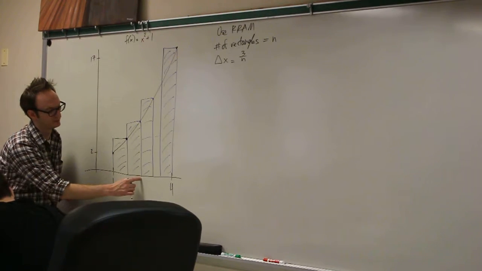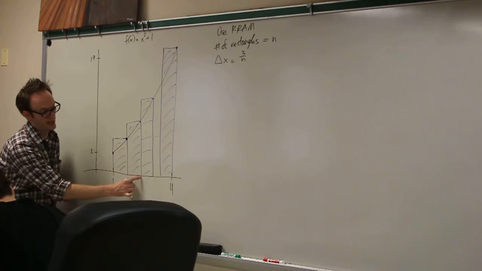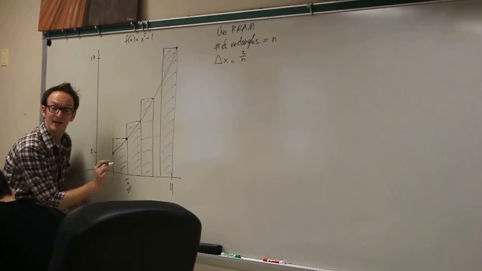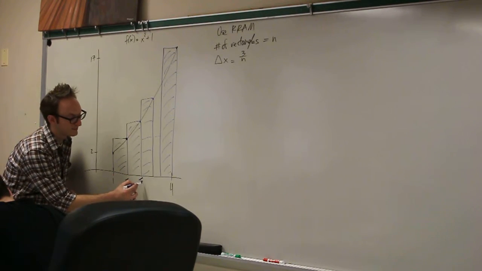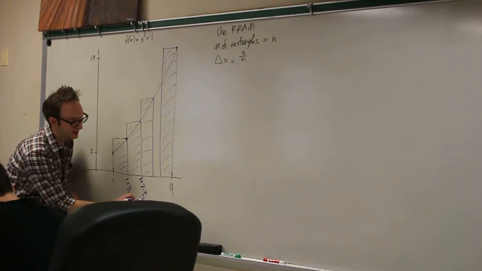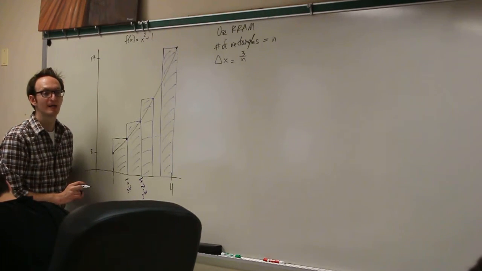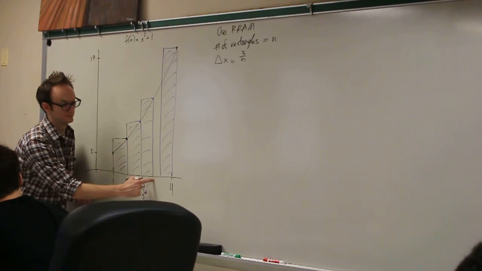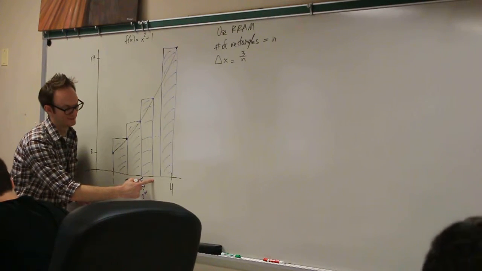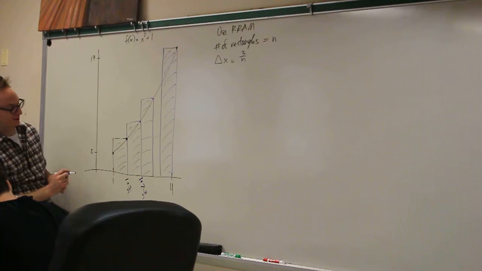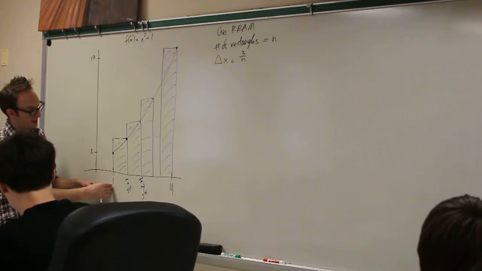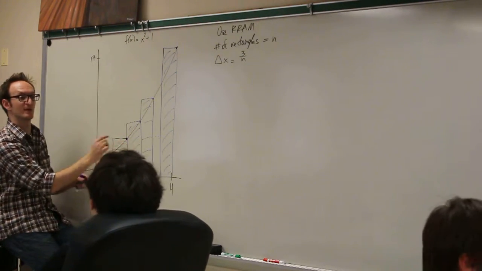Kendall, what's the next one? 1 plus 2 times 3 over n. Next one? Wait, careful. I start at 1, so it's the right endpoint of the intervals I care about.